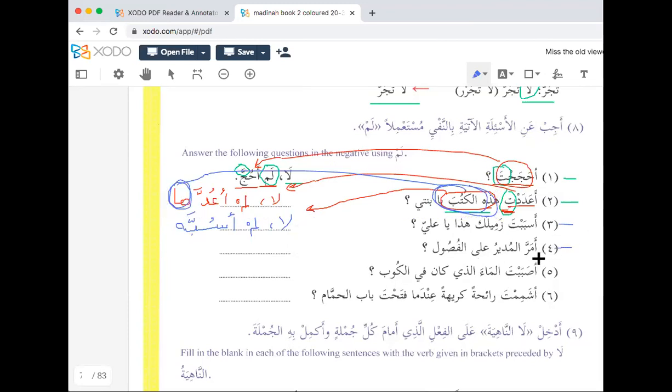أمر, number 4. أمر المدير على الفصول. Can someone tell me what this number 4 means, please? أمر المدير على الفصول. Anyone? Yes. Absolutely. Al-Fusul means classrooms. Everybody's going to go for it.